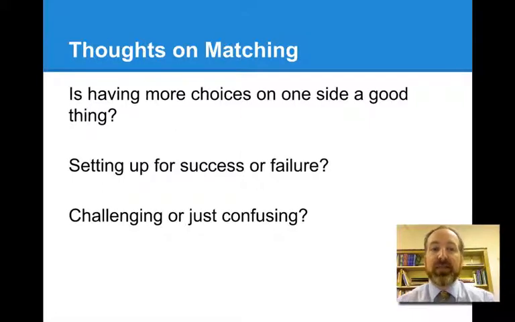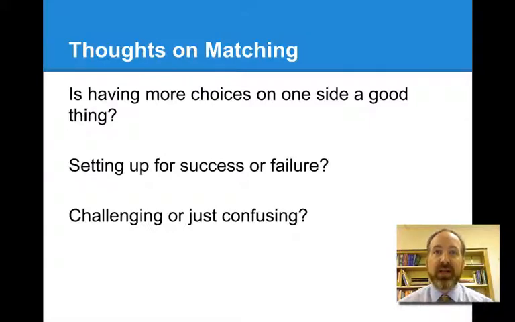Thoughts on matching. The book indicates that having more choices on one side of a matching question than the other is better. And in all things in education, it depends. So, if we're setting up a matching question and there are many selections on one side and only a few on the other, well, are we setting our students up for success or failure?